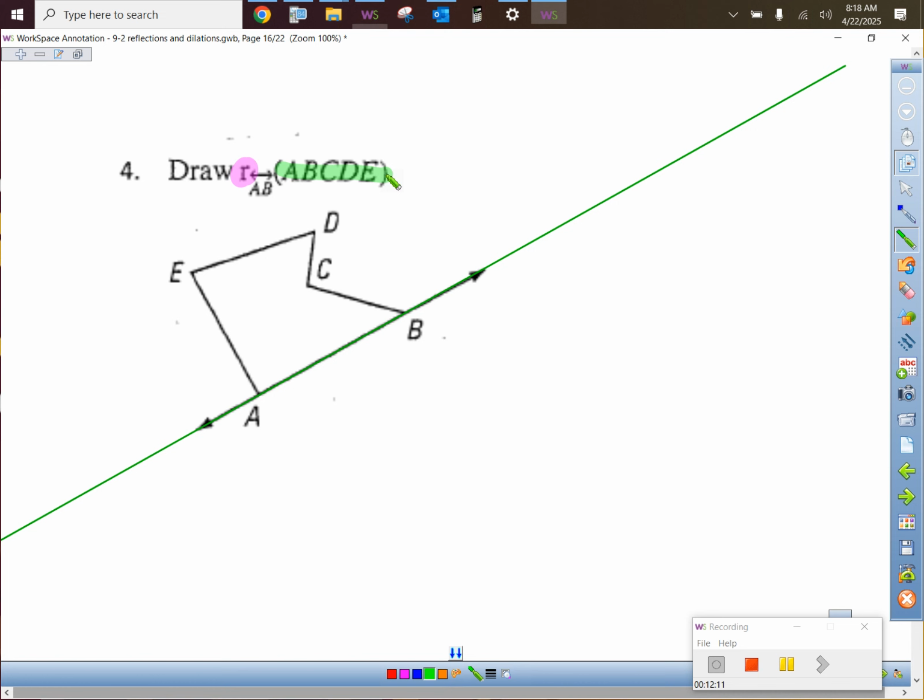Are there any other points on the line? B. So your job is to reflect C, D, and E. Reflect those 3 points, and we will connect them together. So we just had to reflect C, D, and E to get C prime, D prime, and E prime. And even though I did this last time, I'm going to do it again.